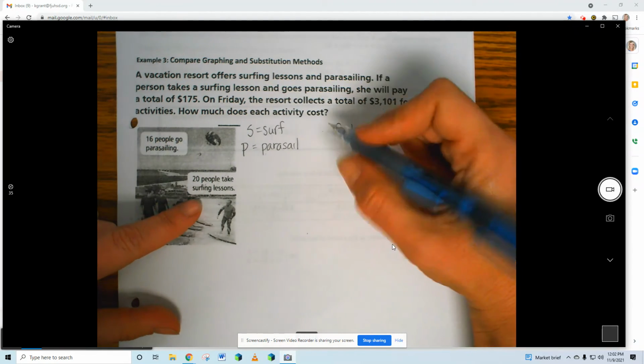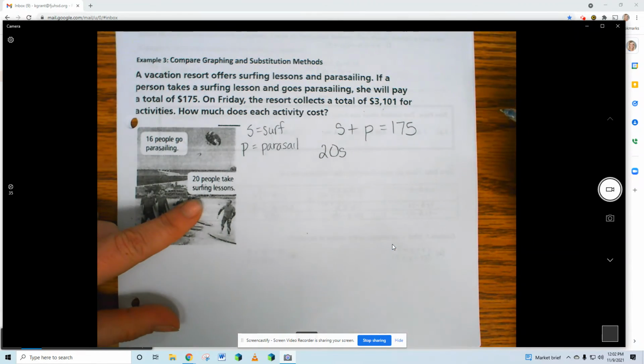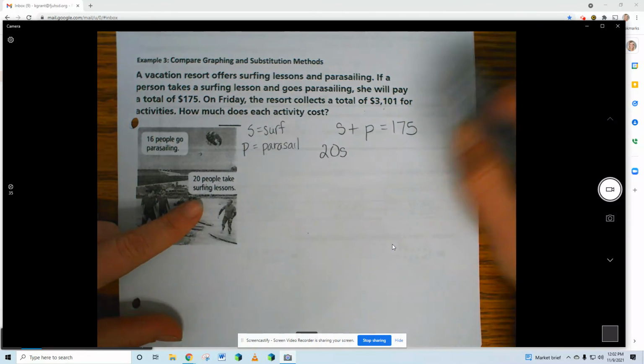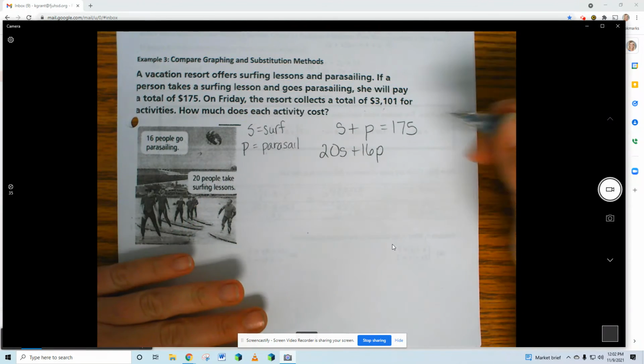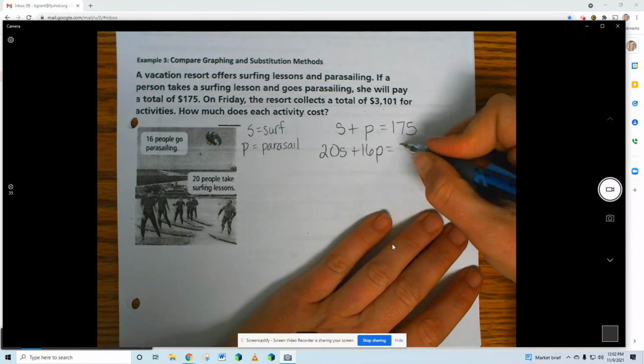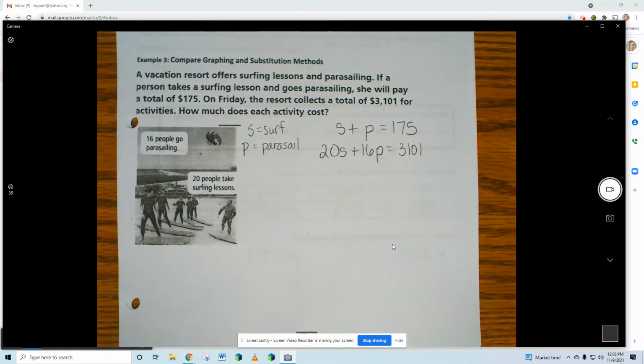I'm going to put 20 in front of S. Here's my second equation: 20S, 16 people parasail, 16P, and they made $3,101 dollars.